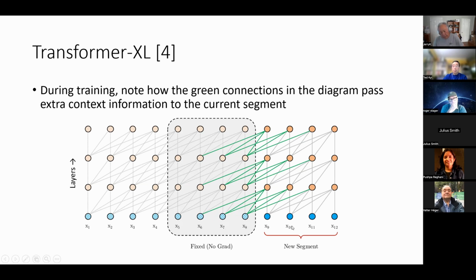But this token over here, when it does its thing, knows about tokens even further to the left.